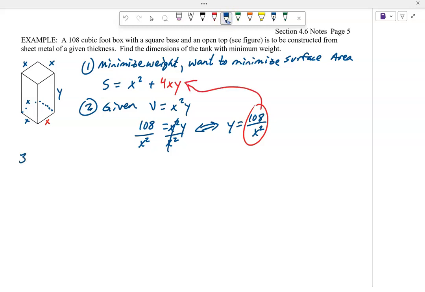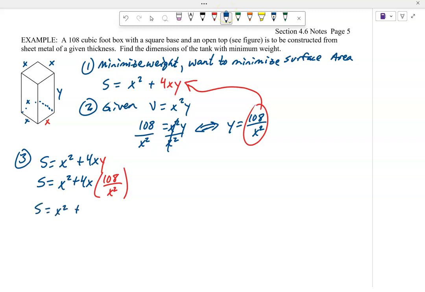So let's see, step 3, we're trying to minimize this surface area. I got x squared plus 4xy. So our surface area is x squared plus 4x times our y, which is 108 over x squared. Let's see, that's 432 all over x. So I'm going to write that as 432x to the negative 1, so I'm going to take the derivative here.